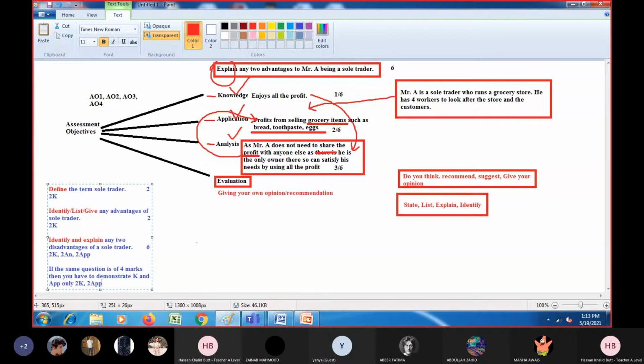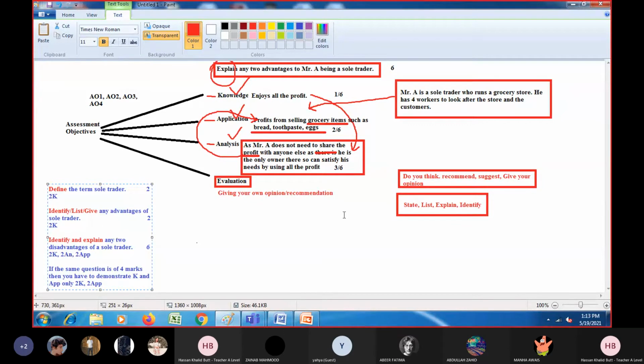So, now we need to talk about the fourth assessment objective, which we have not covered yet, evaluation. And I told you, how do you come to know that in a question evaluation is required? In these questions, as you can see, a 2 mark question, a 6 mark question, or a 4 mark question, either only knowledge is required or knowledge, analysis and application is required. Evaluation is not required anywhere in such type of question.